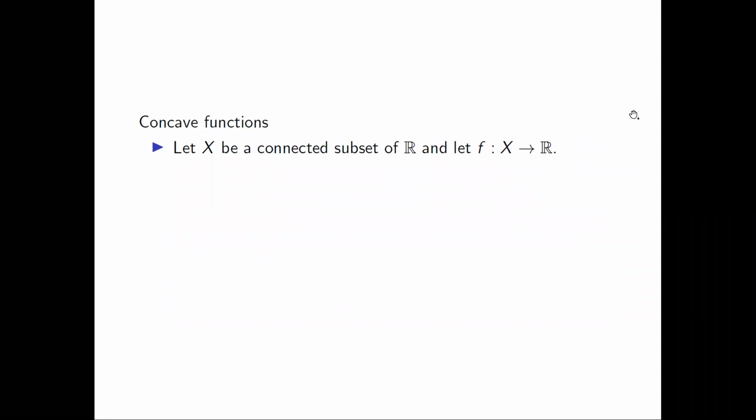So for concave functions, again, let X be a connected subset of the real line, and let f be a function from X to the reals.